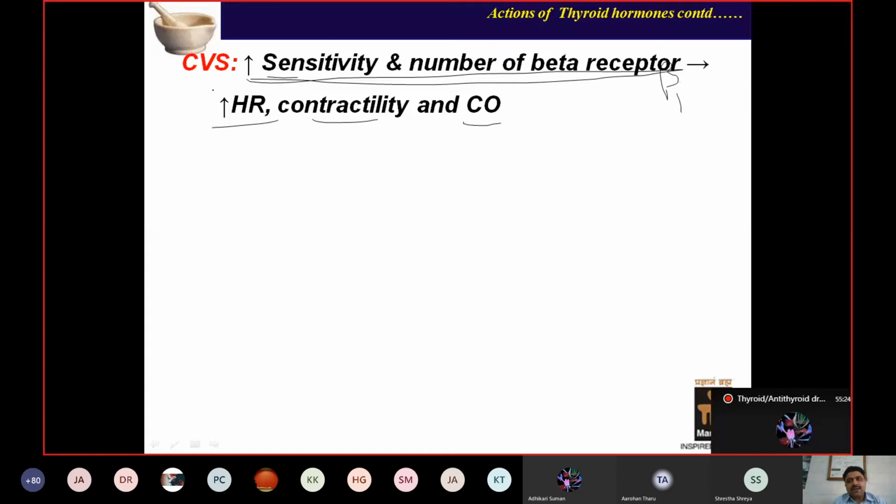While in hyperthyroidism, when thyroid hormone is more, it causes more beta receptors and increased sensitivity, and that affects the cardiovascular system. It has some direct action, but the most important is this indirect action. It doesn't directly increase the heart rate and contractility; rather, it increases the beta receptors and thereby increases the action.